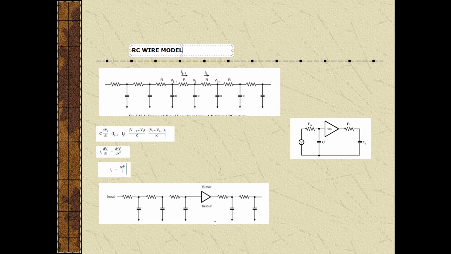Here, RS is the output resistance, CL is the receiver input capacitance, and RT, CT are the total lumped resistance and capacitance of the wire. This is the sample model of the RC delay calculation.